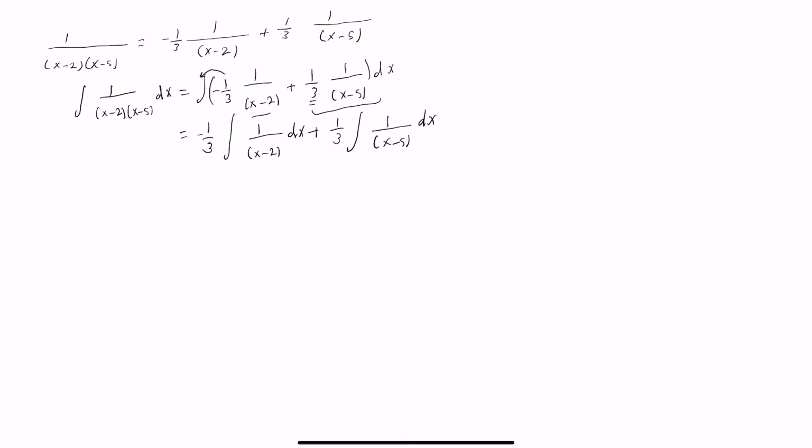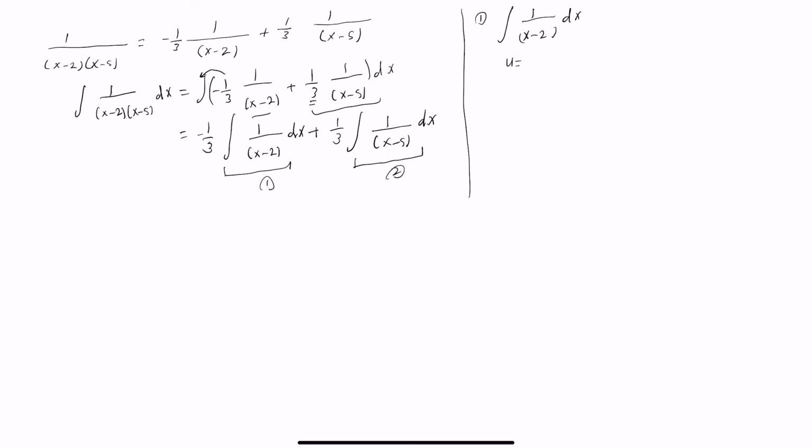Now the last step is to find the antiderivatives of these functions. I'm going to call this number 1, and this number 2. Let's find number 1 first, which is the integral of 1 over x minus 2 dx. To solve this integral, we're going to use substitution.